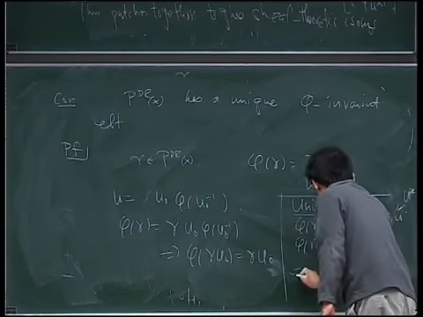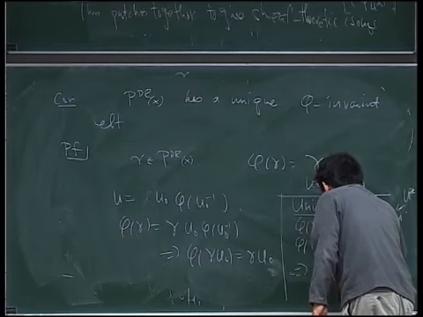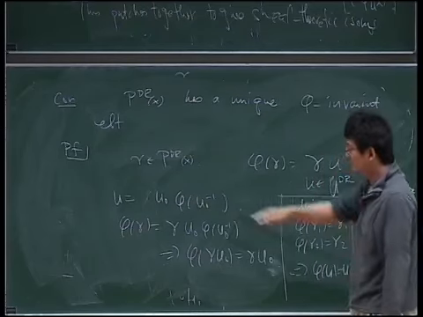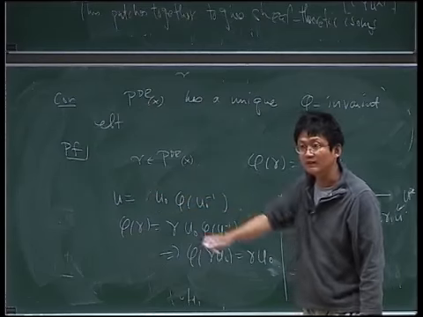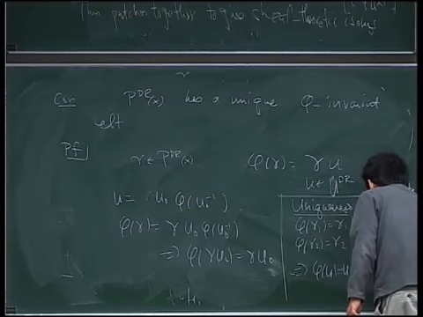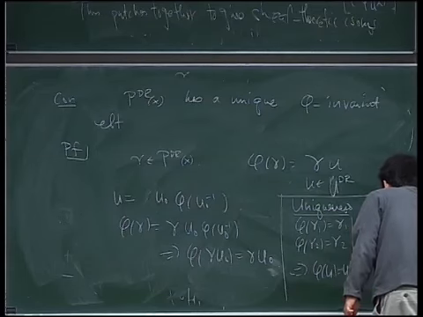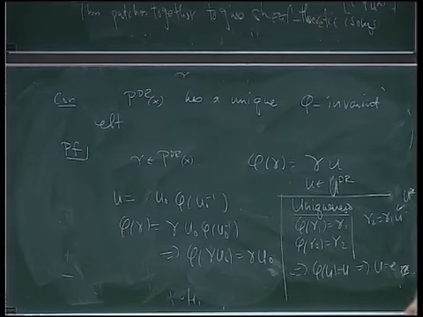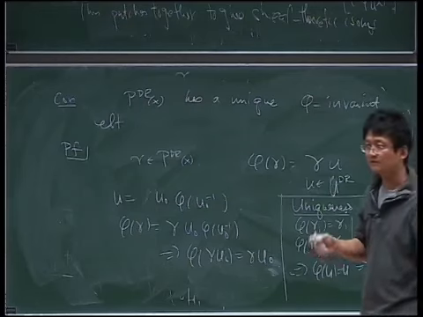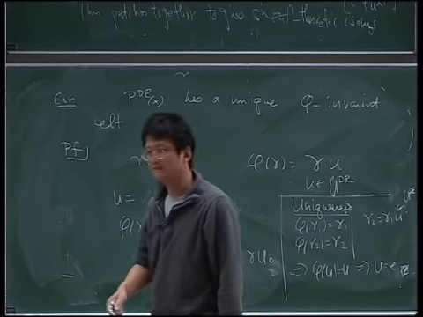But from here, we get phi of u equals u. Then by the inductive argument over there, by this weight consideration, there is no choice. u has to be the identity. So that's the uniqueness. So there's a unique Frobenius invariant path inside all these U dR's.